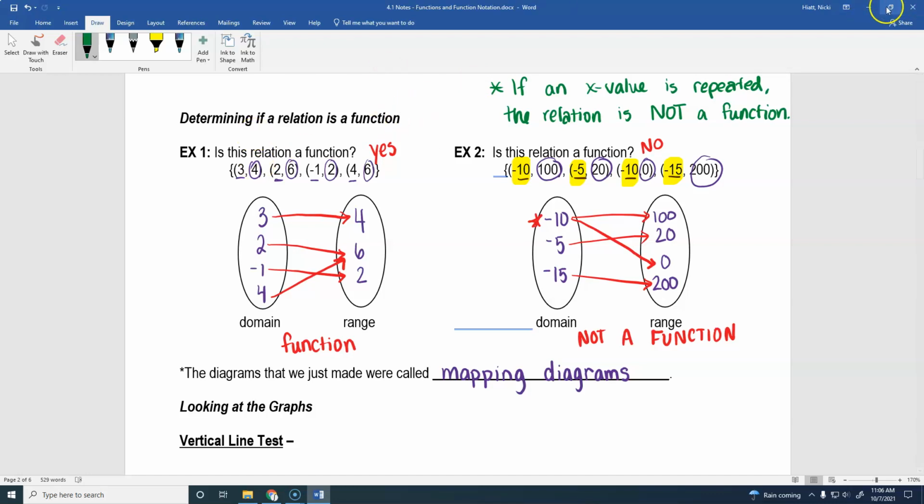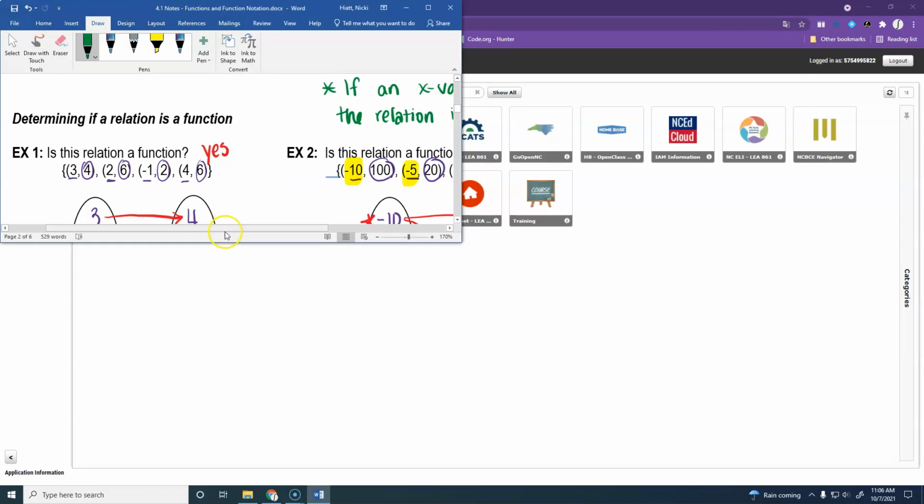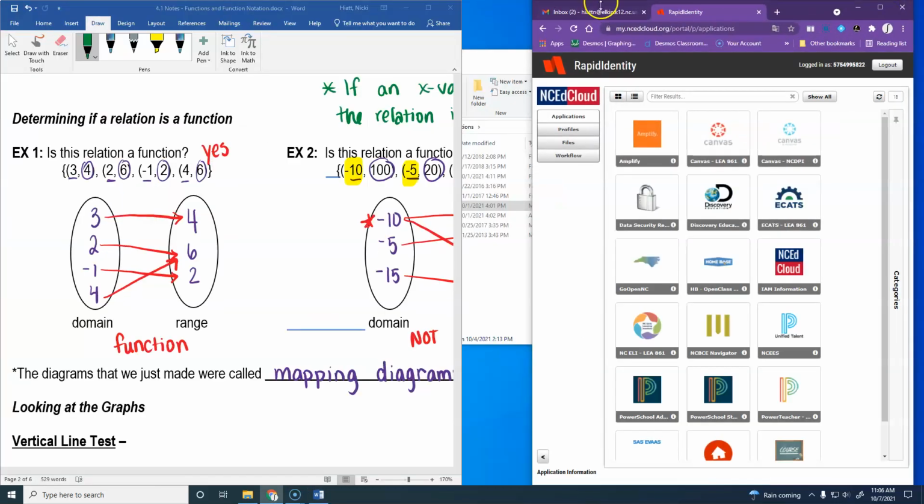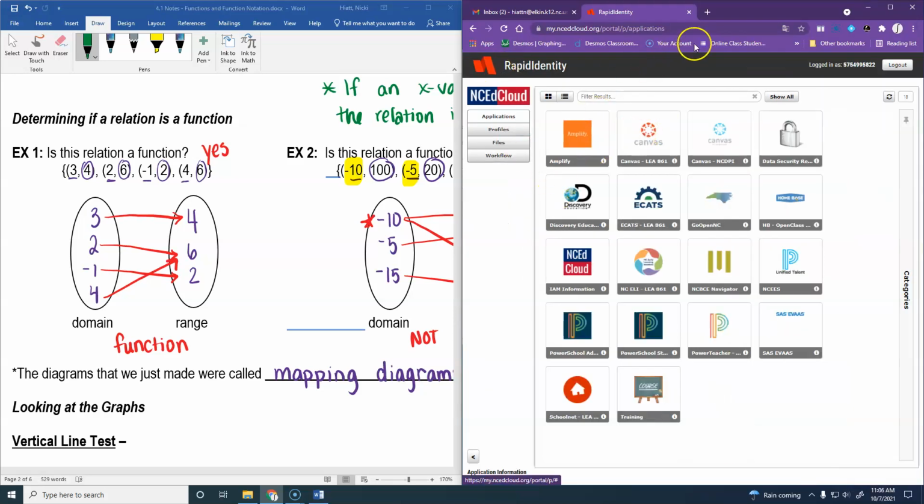All right, so I'm going to pull up Desmos real quick, and I want to look at that particular function on the graph.